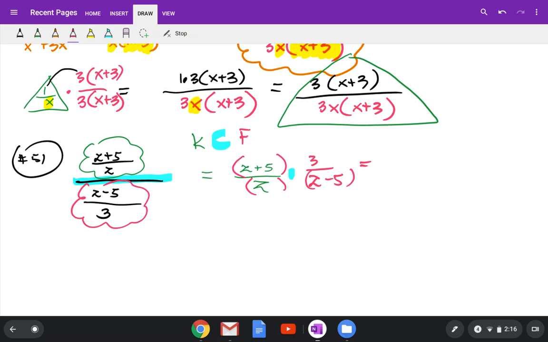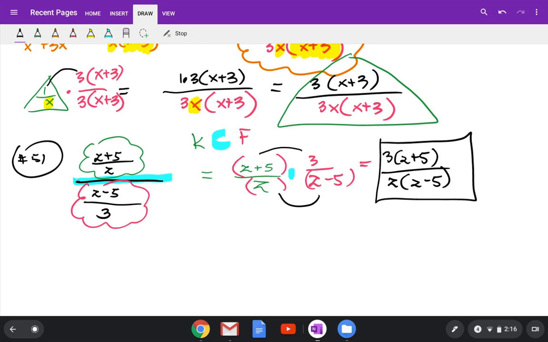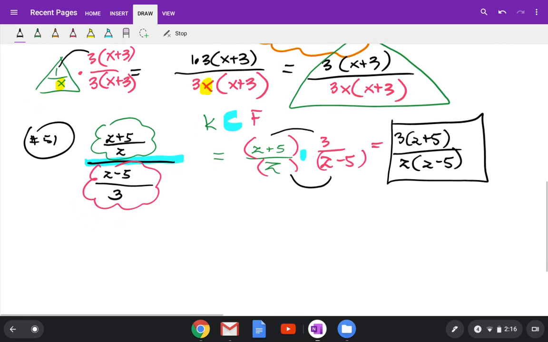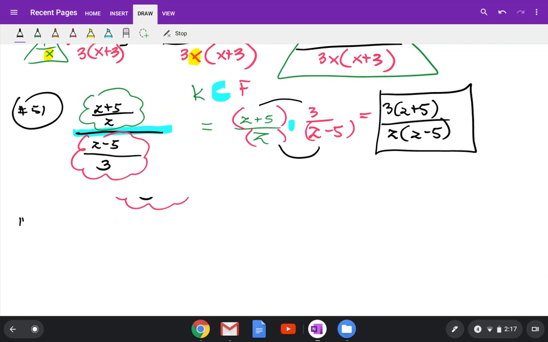You multiply numerator with numerator. So that will be 3 times z plus 5 over denominator with denominator, which is z times z minus 5. And they left the answer that way. They didn't distribute.